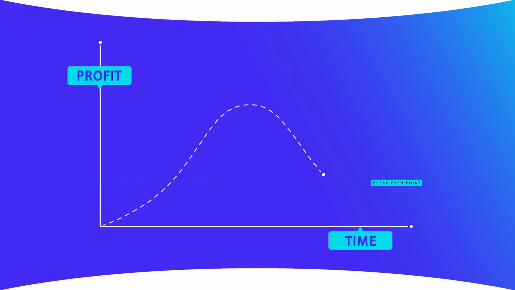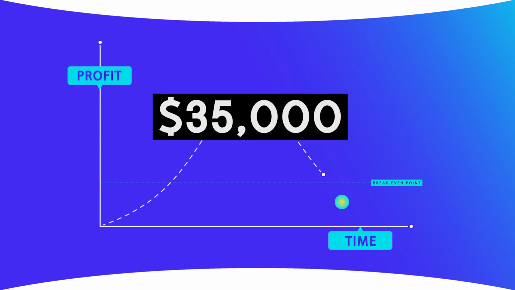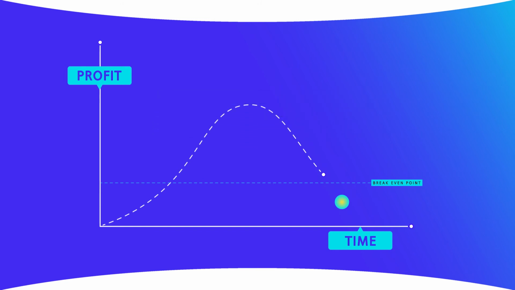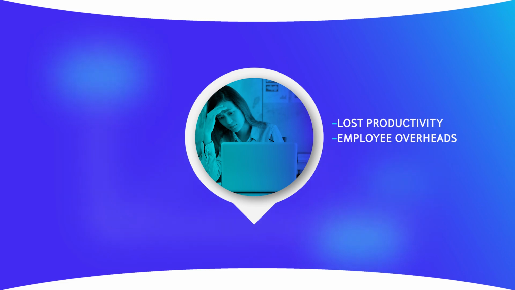If this example employee began to decline in performance and was operating below the break-even point for 6 months, that's $35,000 in sunk wages, costs the organisation can never recover. This is not to mention the opportunity cost of their lost productivity during this time and other associated employee overheads that could better be invested elsewhere.